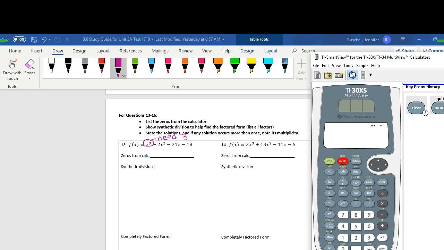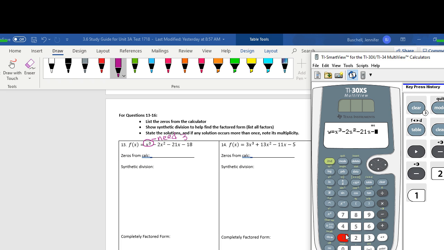I need 3. So let's start by plugging my equation into my calculator. I'm going to hit table, clear out whatever's in there, and type x cubed minus 2x squared minus 21x minus 18.